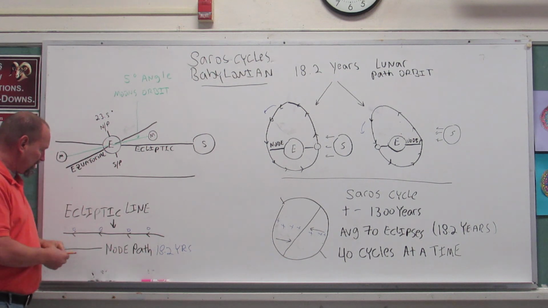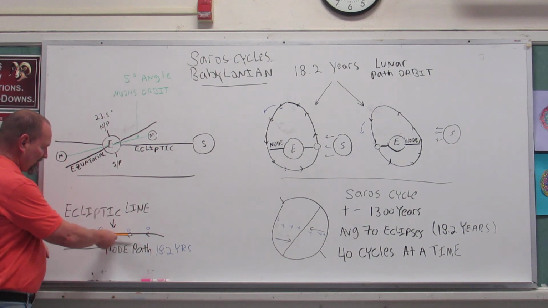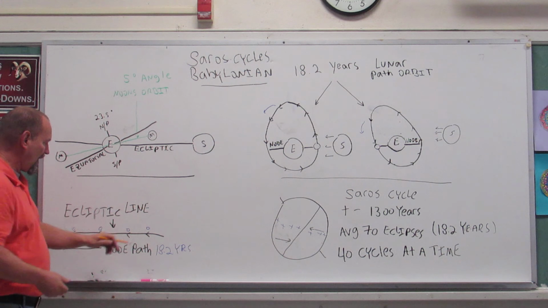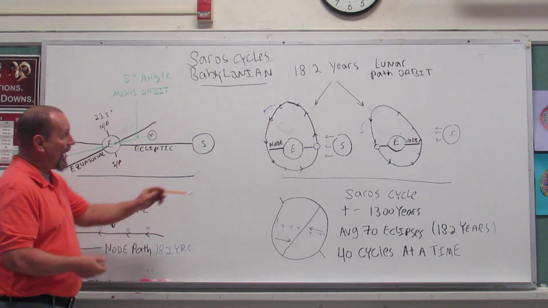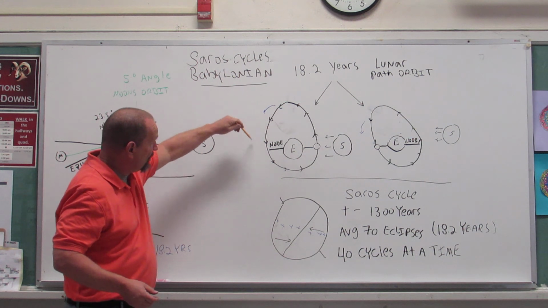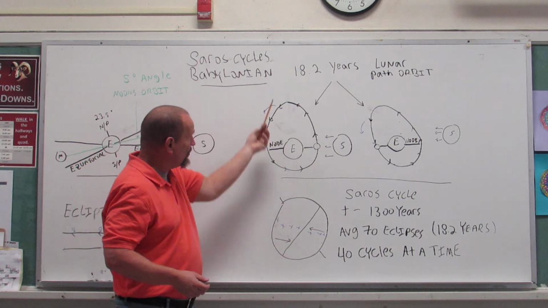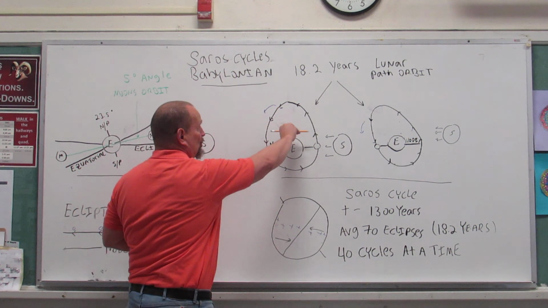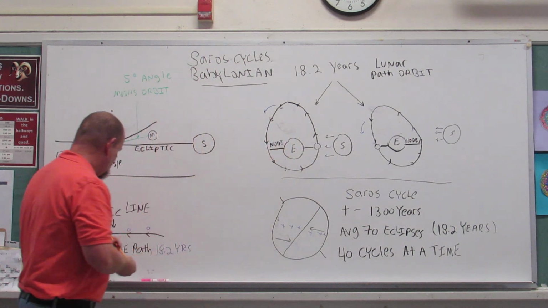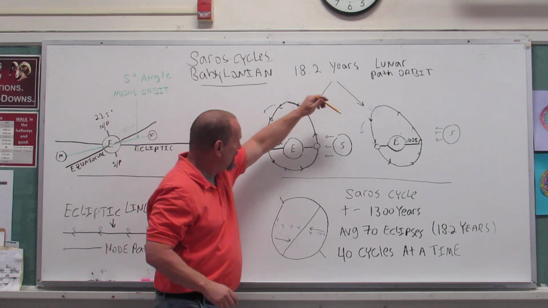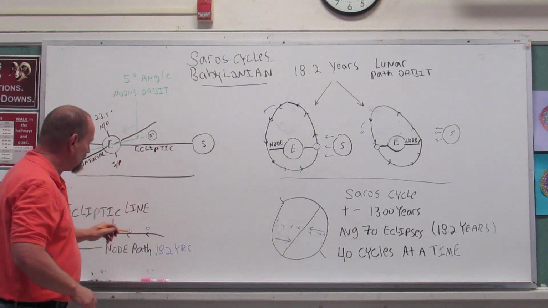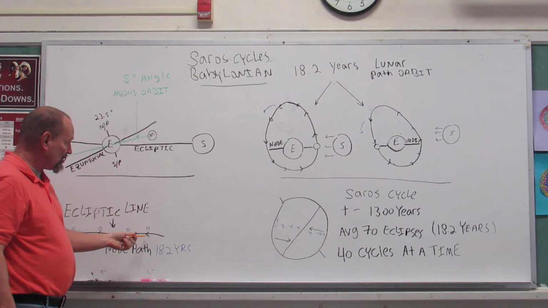Put it up on a line. Here's the ecliptic line, just like this. And then the path that the Moon takes is across here. And as this circle orbits around like this, in other words, this egg shape moves like this, over time, what ends up happening is when it gets back to its point, 18.2 years later, the nodes have moved.